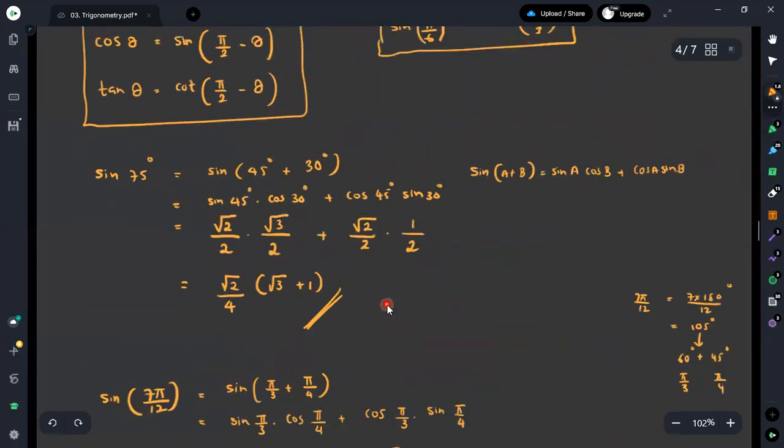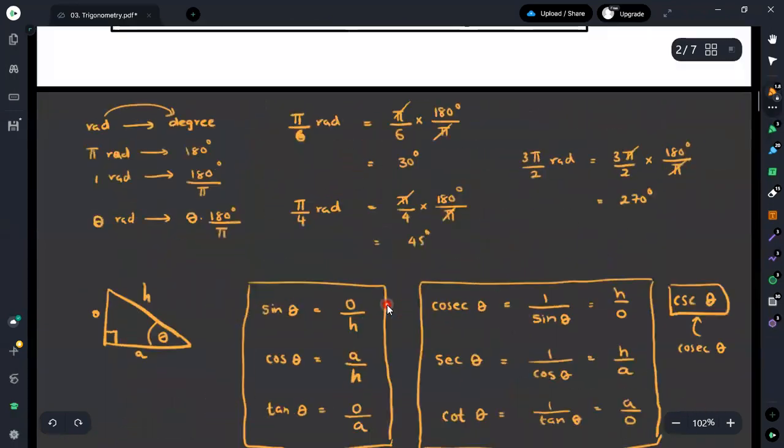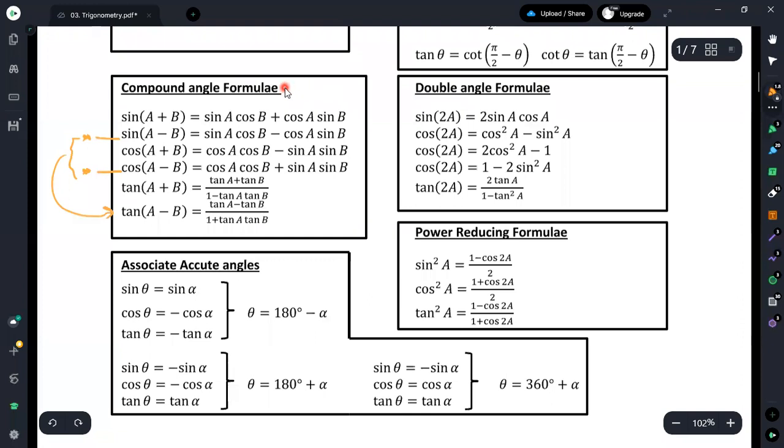This is for the compound angle formulas, and then we will obtain the equations for the double angle formula. Double angle formula means that if you have angles which can be written as double or 2 times a given angle, then we can use this double angle formula in such situations.